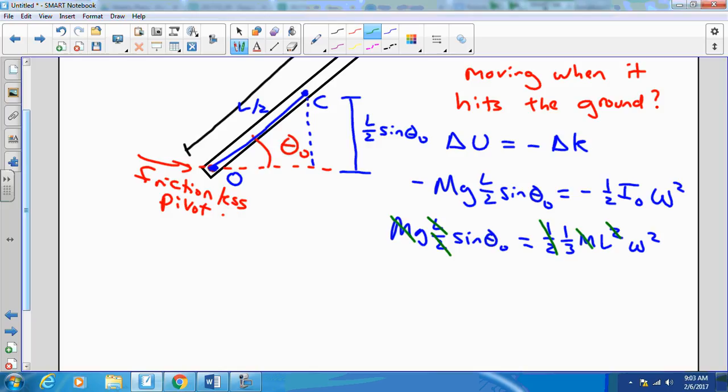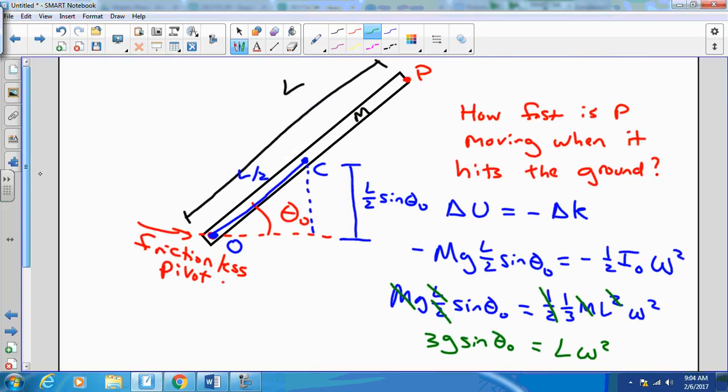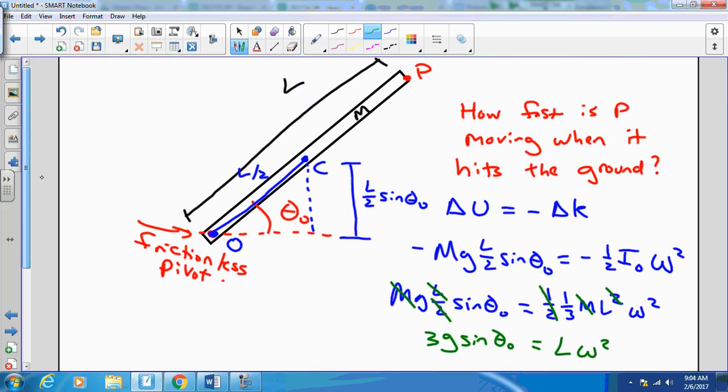It does occur to me that we might want that factor of L back. That's one way to think about it. But if I simplify what I've got, L omega squared equals 3g sine theta. Now the question is, how do I relate this information to the speed of point P?